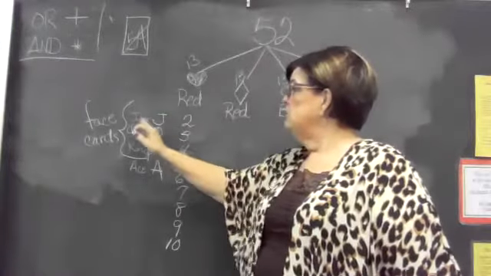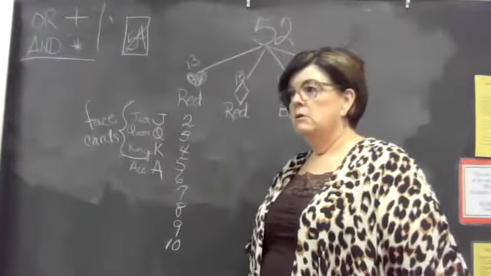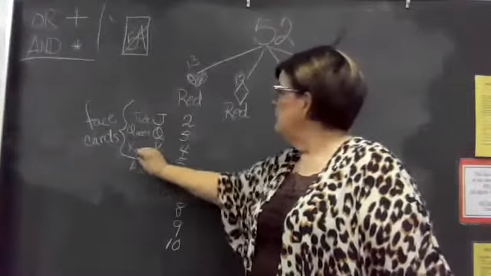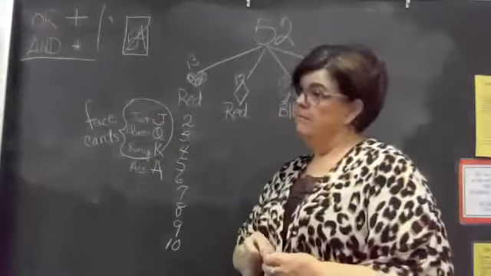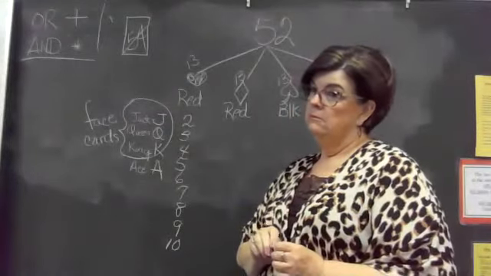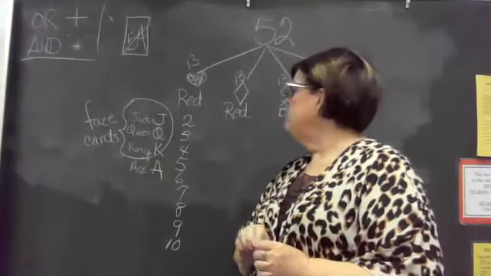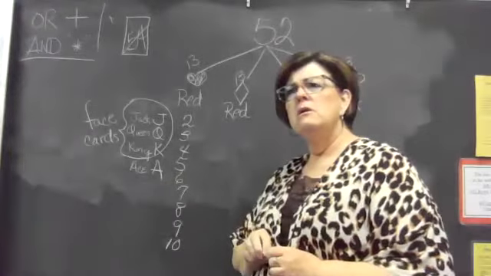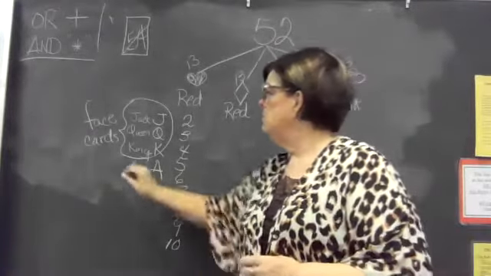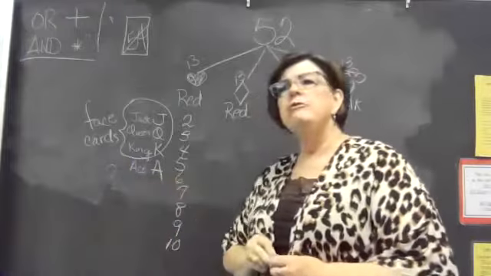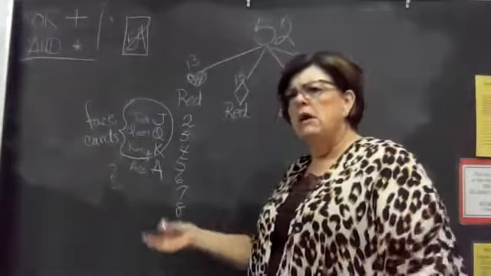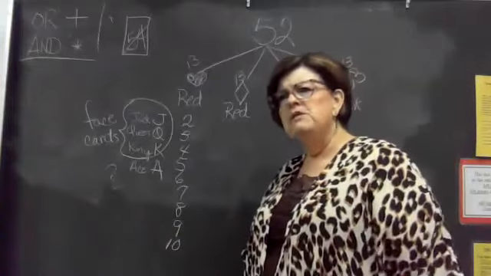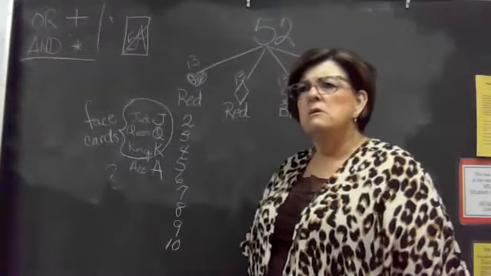Face cards, 3. Those are the face cards? These are the face cards because they have faces on them. Oh, ace, it just says 8. I used to think that was a face card. That's what I got, too. I will look it up for you. But I thought face cards have faces on them, you know, and an ace didn't have a face. But it sounds like face and ace.